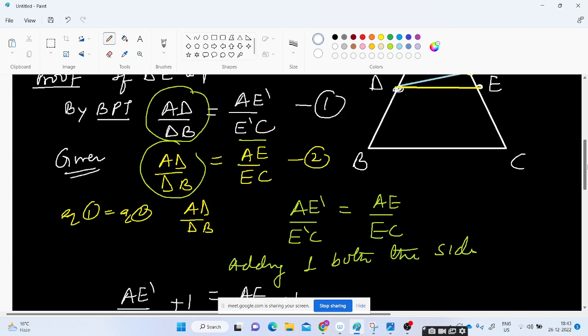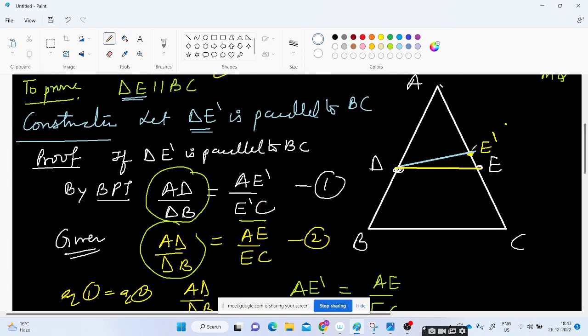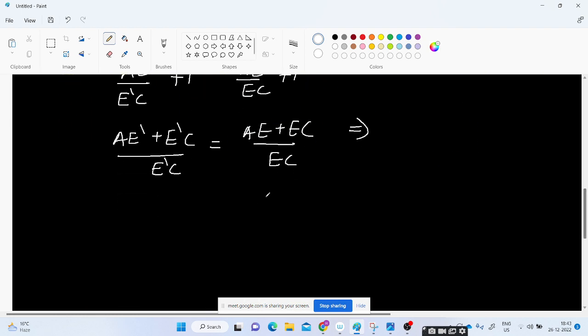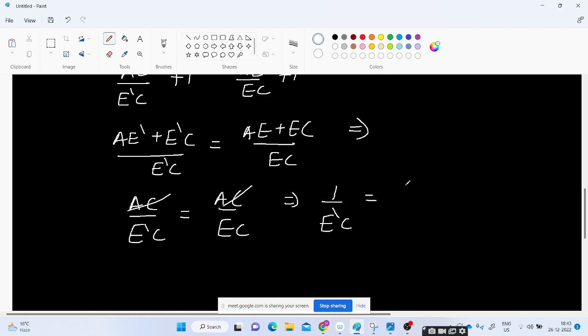So क्या मिलेगा हमें, that is AC upon E dash C is equal to AC upon EC. This cancels out, that is 1 upon E dash C is equals to 1 upon EC, or you can say EC is equals to E dash C.